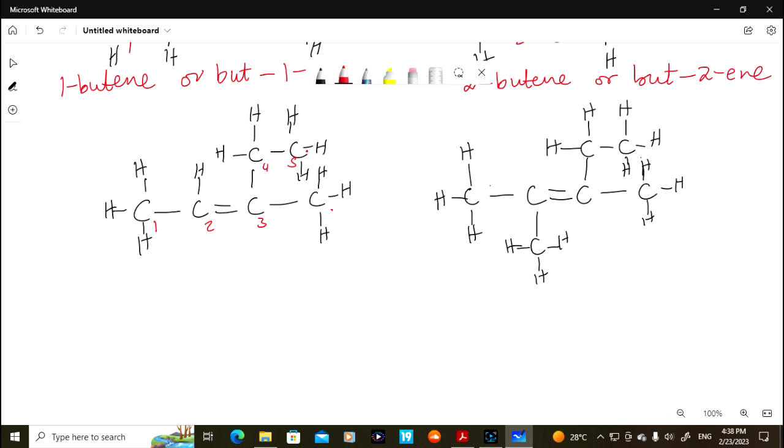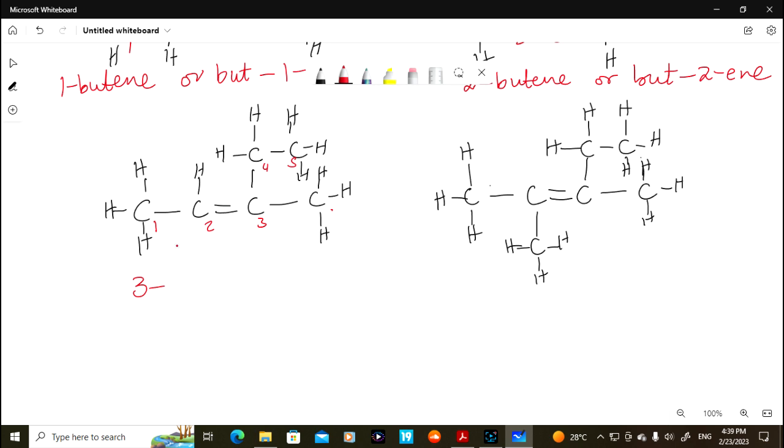So when I count from this, I have 1, 2, 3. But when I count from left to right and top, it's 1, 2. Our ene is on carbon number 2, and I have a methyl on carbon number 3. So what is my name? I mean the molecule's name, the one that I will write.